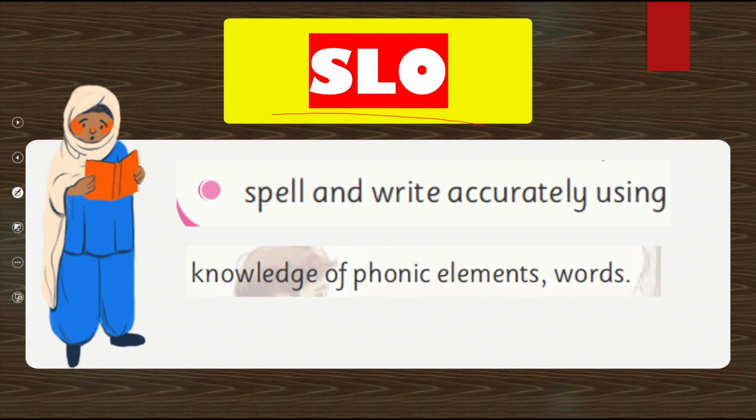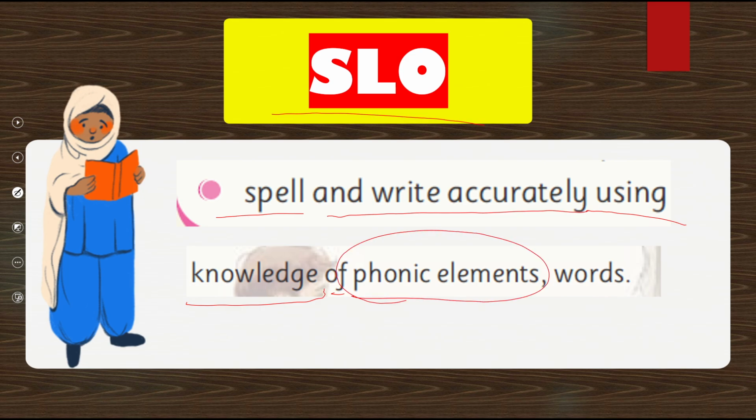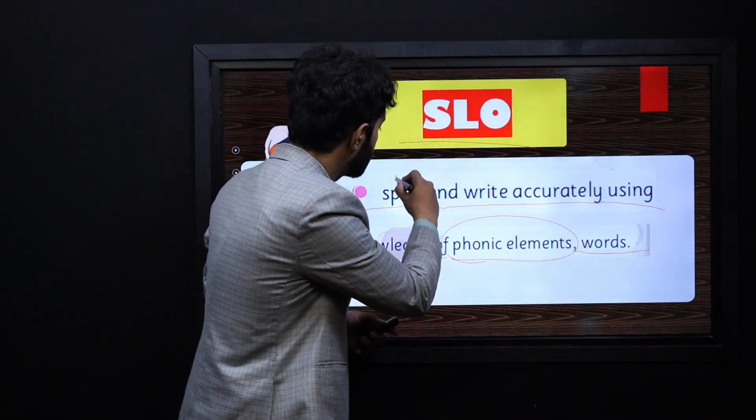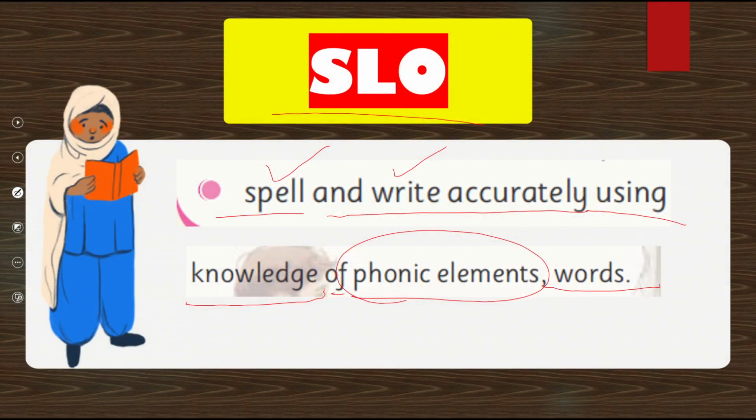The SLO is: spell and write accurately using knowledge of phonic elements of words. Now, let's do a quick breakdown of our students' learning outcome. We are supposed to spell and write accurately with the knowledge of phonic elements.